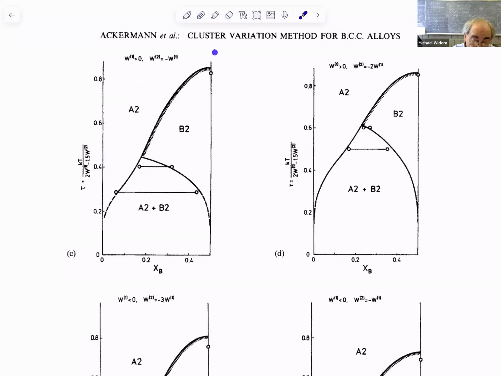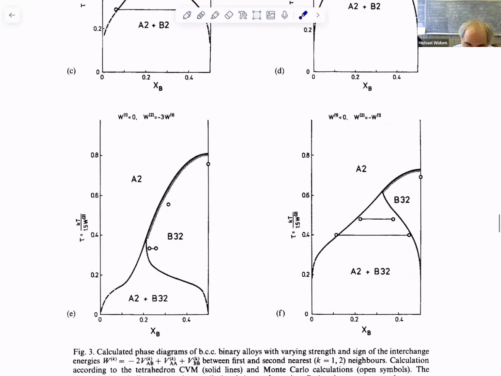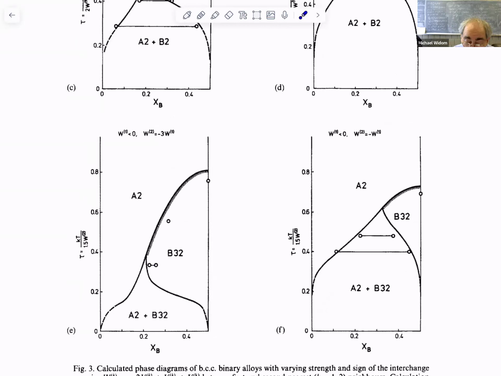As temperature goes down, if you are equiatomic, then you tend to get the B2 structure, unless there is a certain sign of relative interaction, in which case I think it's maybe if the next nearest neighbor interactions favor, I don't know, there's a certain constraint on relative signs and magnitudes that you can look up in one of my papers I will cite at the very end, that favors this B32 sodium thallium structure.